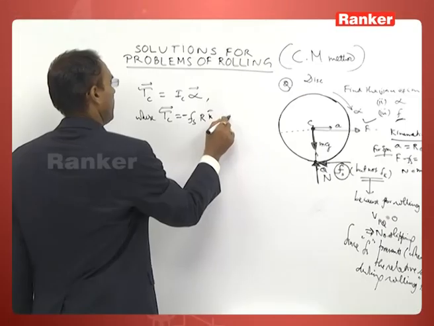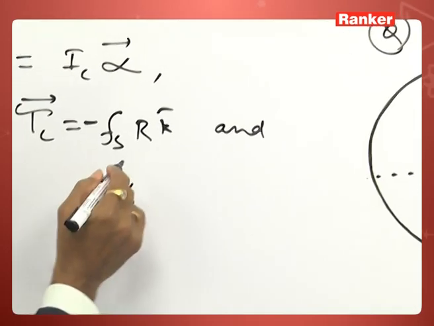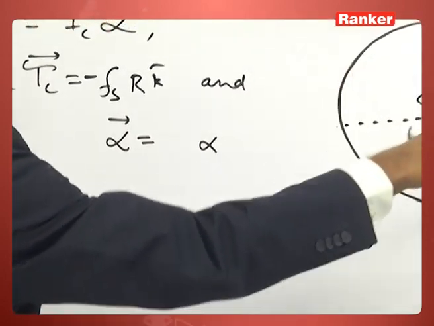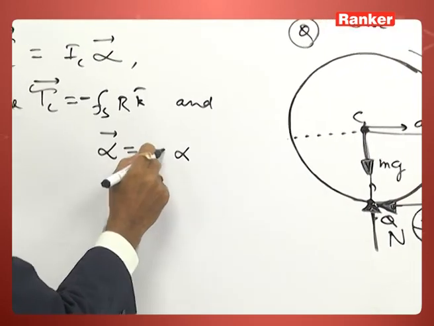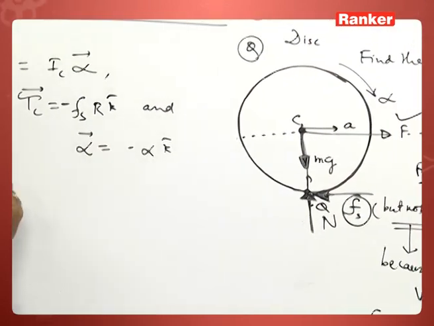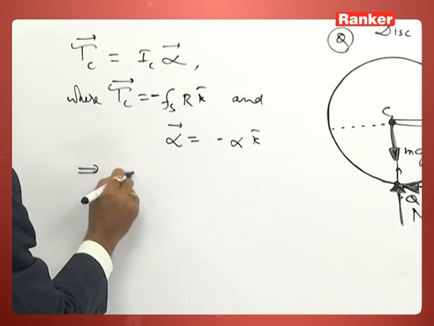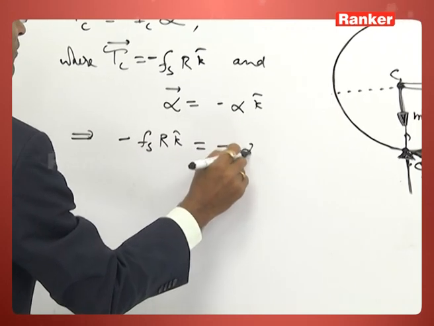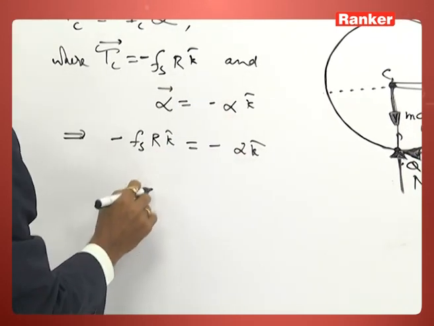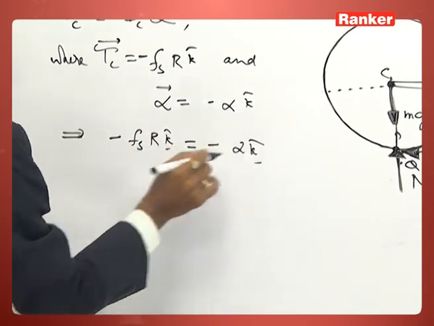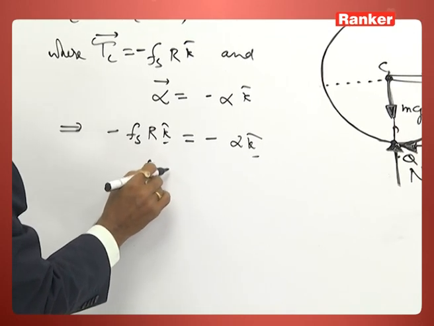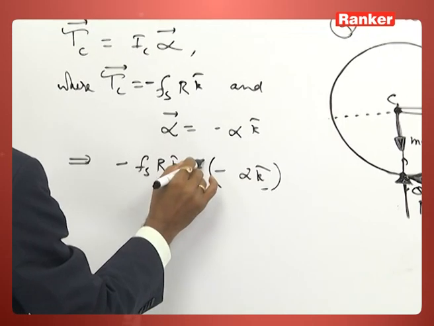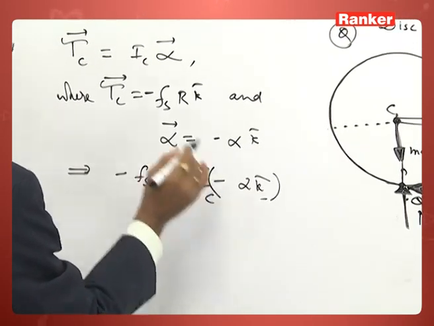Well, and alpha is equal to, we have taken alpha in clockwise sense, so minus k cap you can write. This gives us minus Fs into r k cap is equal to minus alpha k cap into IC.